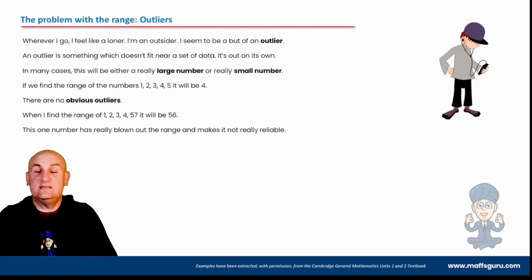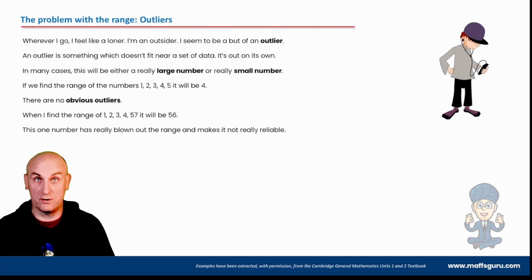Now, here's the problem with the range: an outlier. And yes, that little picture is me. When I was younger with my iPod, yes, I didn't have an iPad, I had a Walkman. If you don't know what a Walkman is, God, these things are incredible. You put cassettes in. You don't know what a cassette is, do you? Why am I even bothering? Anyway, wherever I go, I feel like I'm a bit of a loner. Yes, I'm an outsider. I don't quite fit in. People ask me what I do for a job, and I go, I'm a teacher. They go, oh.